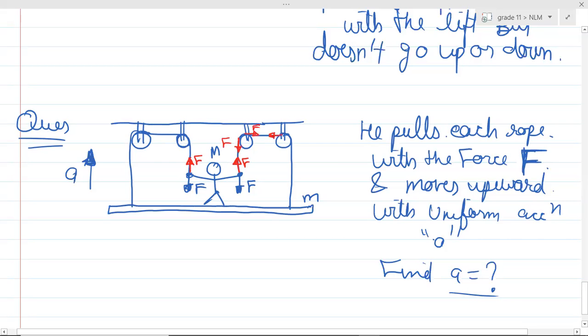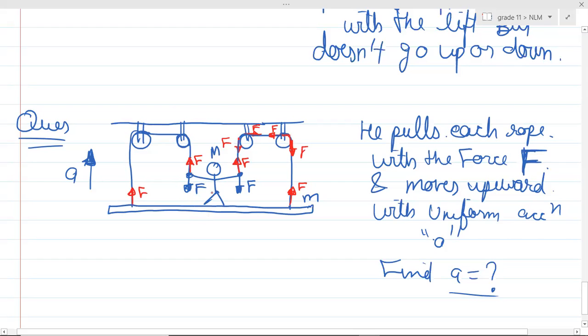If you apply a force directly on a string, then that becomes the tension in that string, right? So F here, F and F.